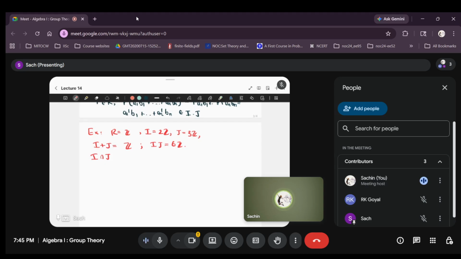The intersection is the elements contained in both I and J. So they have to be both multiples of 2 and multiples of 3, and that is only possible if they are multiples of 6. So this is also 6Z. But this is not always the case. I intersection J is not equal to I times J all the time.